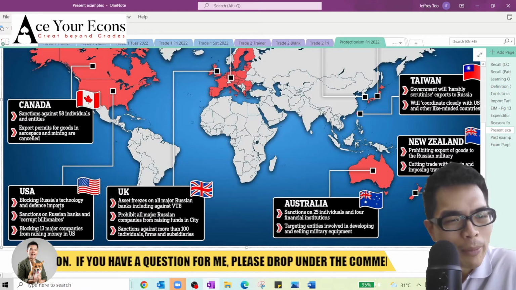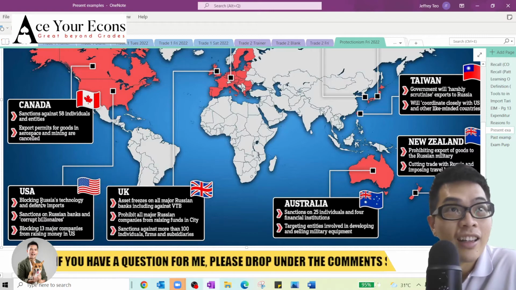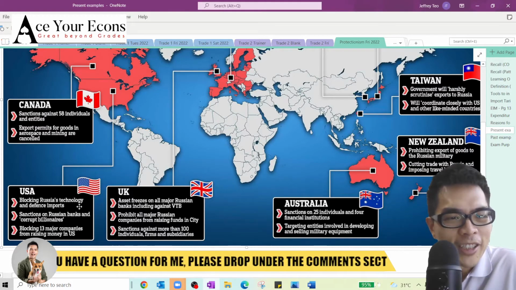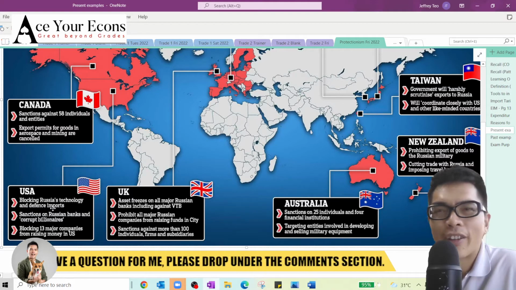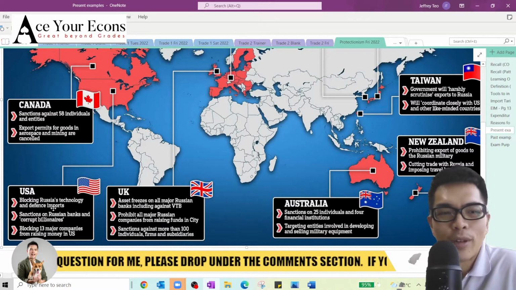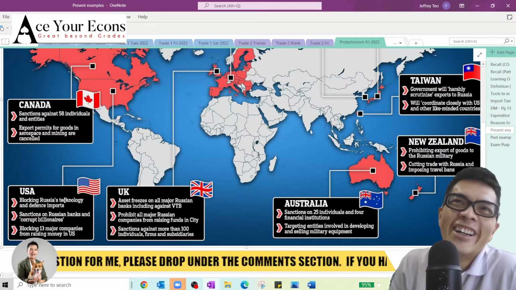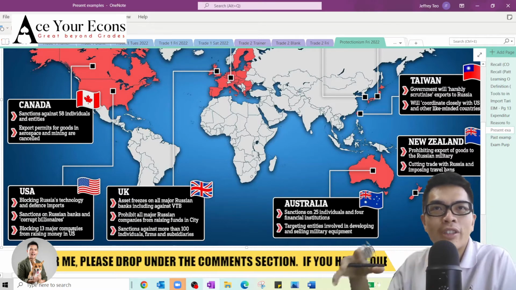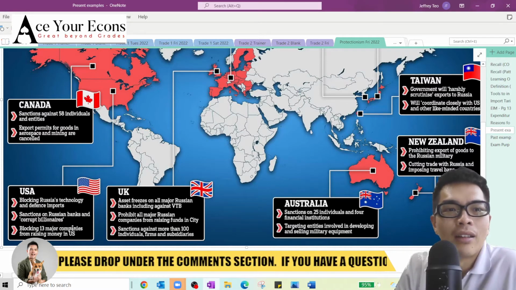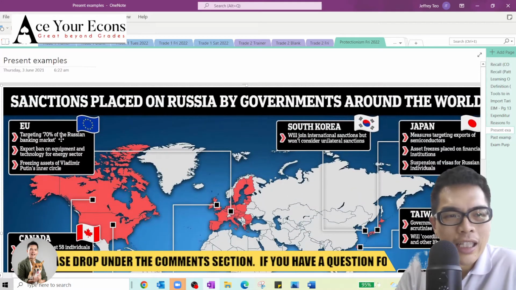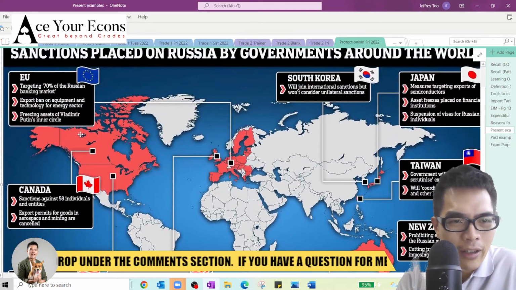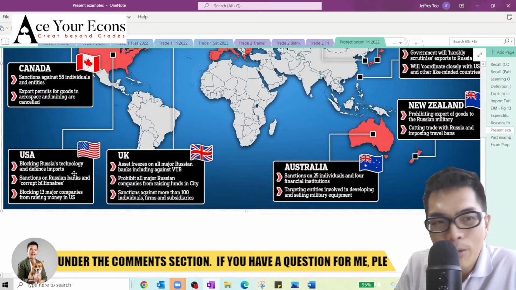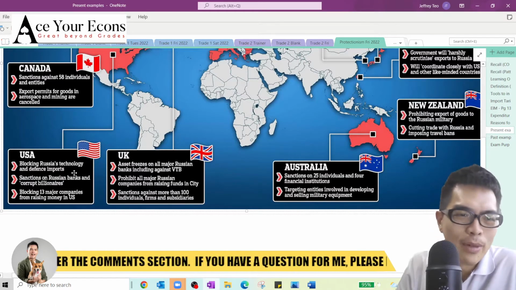See this one, the US one is probably more targeted. US is blocking Russia's technology and defense imports. They are not going to buy any more space shuttles from Russia. The US and Russia used to work closely together in space projects, right? NASA or something. So out of this entire diagram, probably the US is the one that is closest.